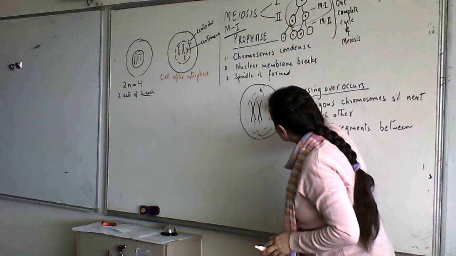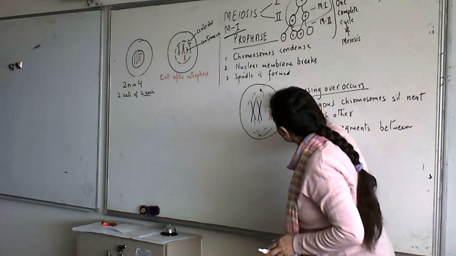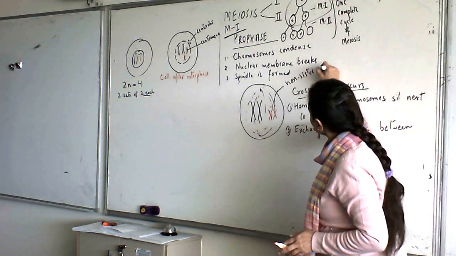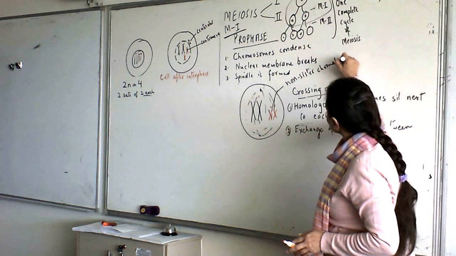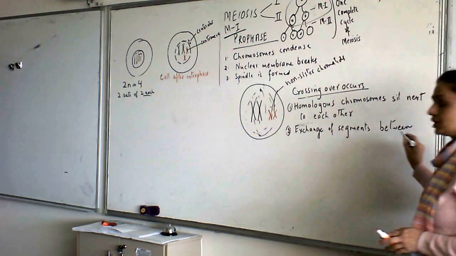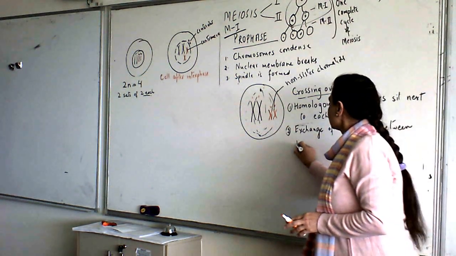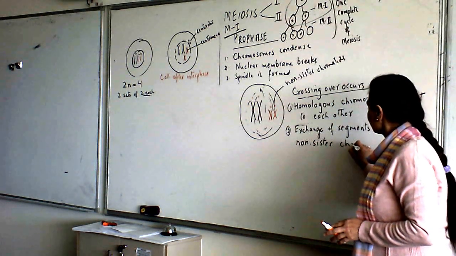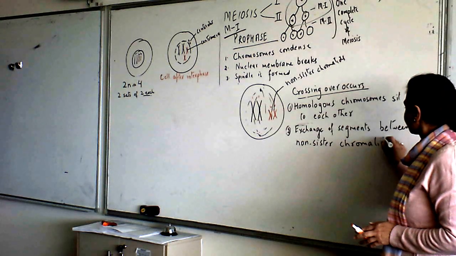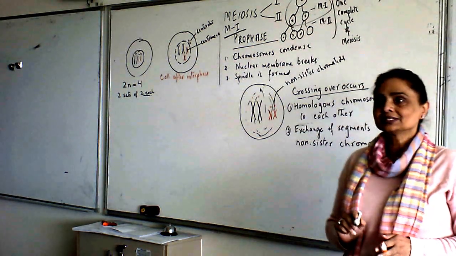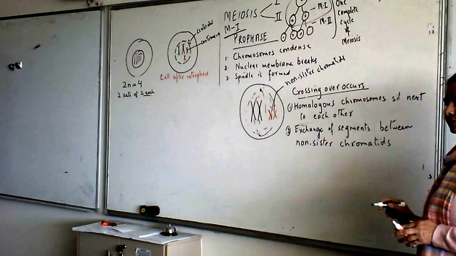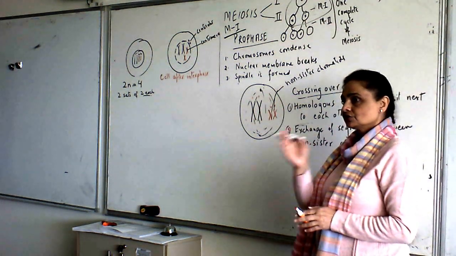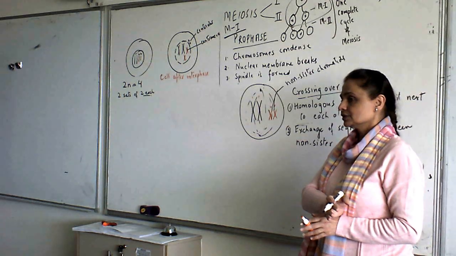So this one here and this one are called non-sister chromosomes. Exchange of segments between non-sister chromosomes happens. This is called crossing over. So this is something that's happening in addition to what happened in mitosis.